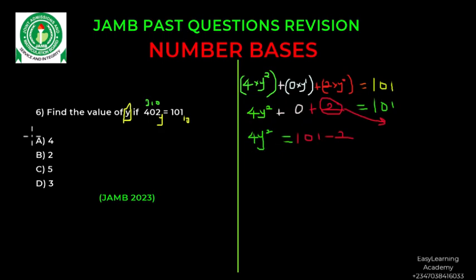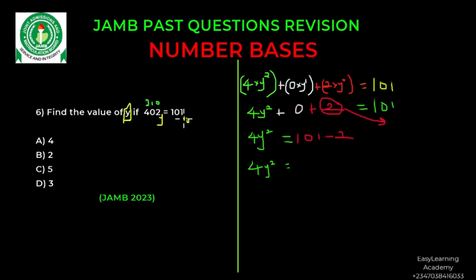All right, so we proceed by bringing down our 4y squared, which will be equal to 101 minus 2. Let's check this question here. This is 102, not 101. My bad.